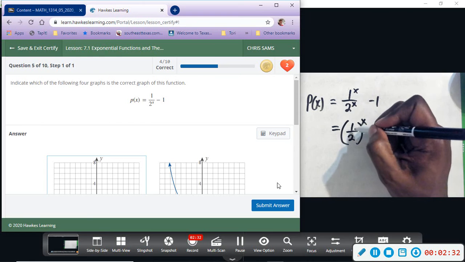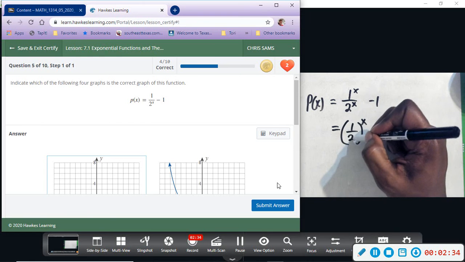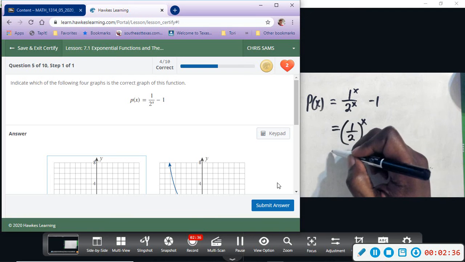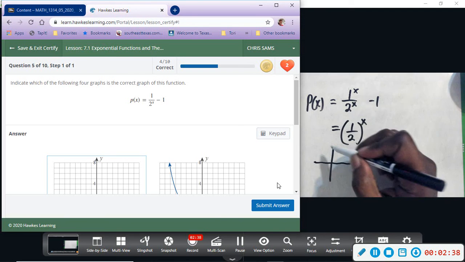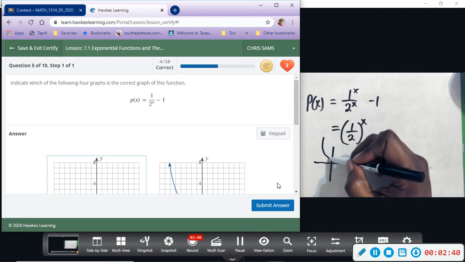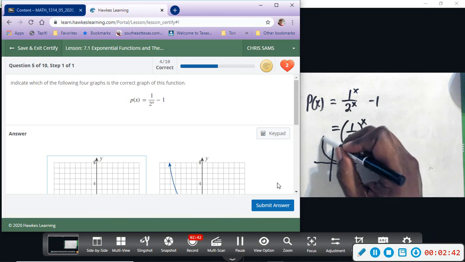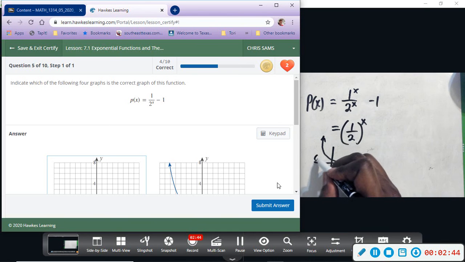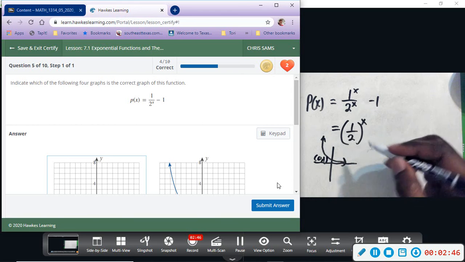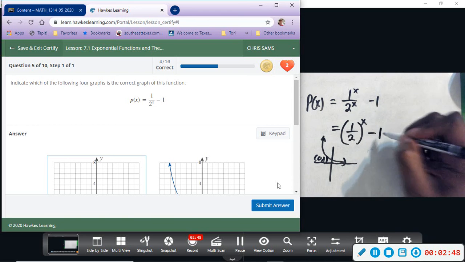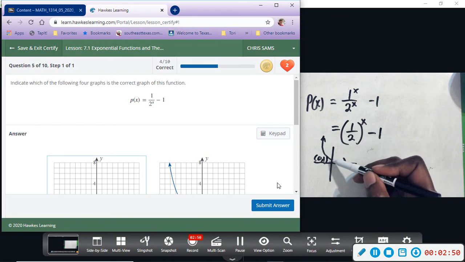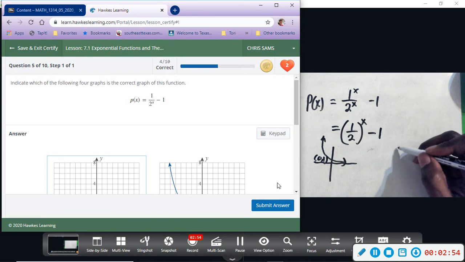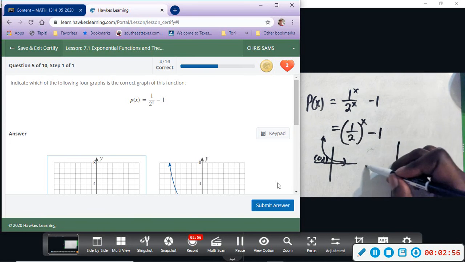Okay, so we have something that is less than 1 now. So this graph is going to be exponential decay. It should still go through the point (0, 1), but we have a minus 1 here. This minus 1 is going to shift this graph down 1.